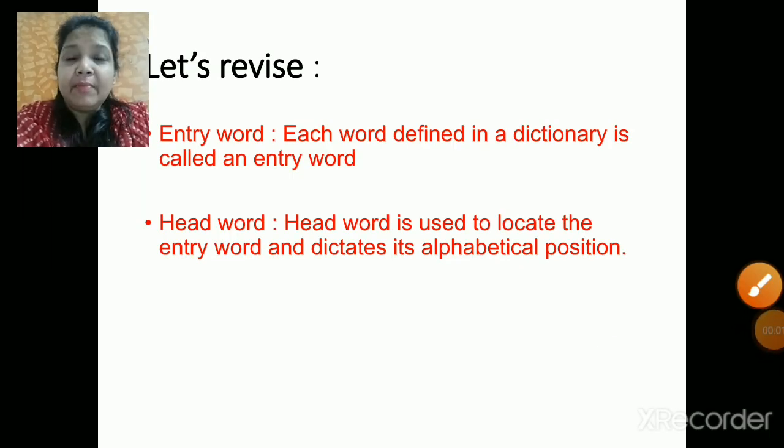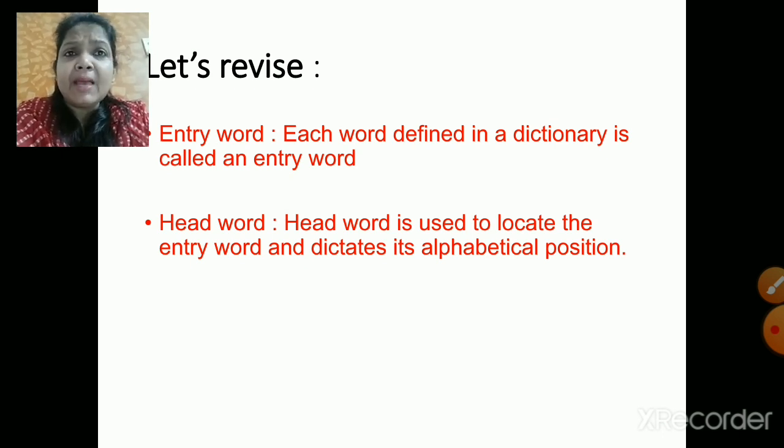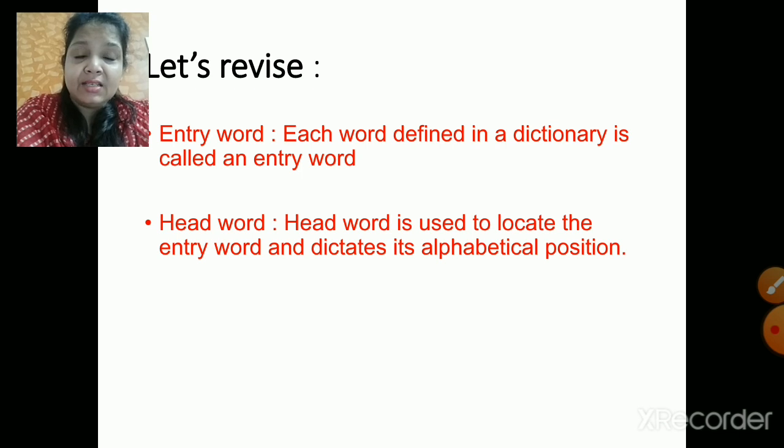So, children, before we start, let us do a quick revision of what we had done yesterday. Now, what do you mean by entry words? It's very simple. Each word defined in a dictionary is called an entry word. Now, what do you mean by head words?